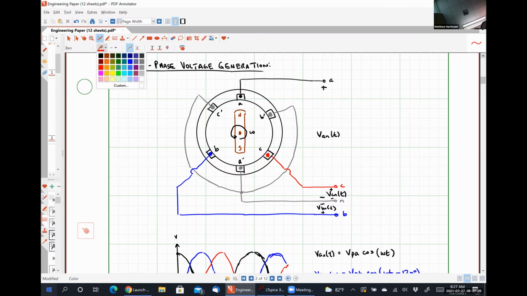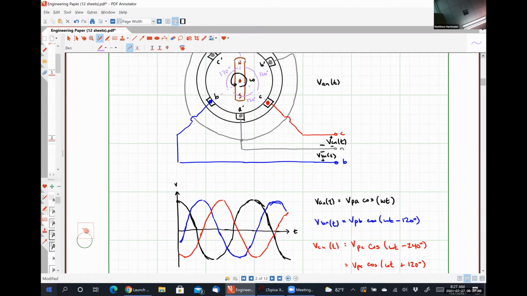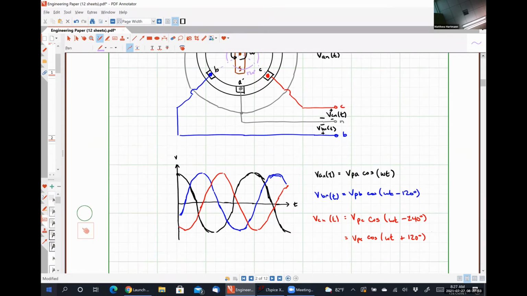So to be clear here, I'm attempting to say that this angle is 120 degrees, this angle is 120 degrees, and this angle is 120 degrees. And that's what generates these differences in phase angles for our three different voltages.